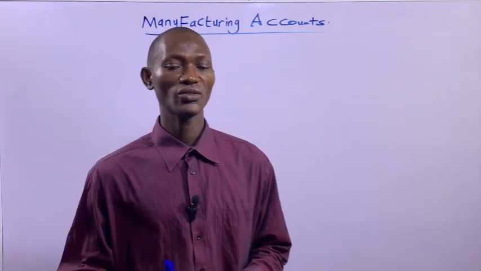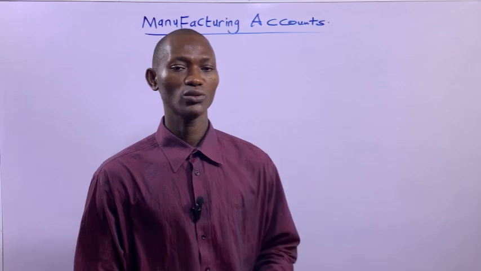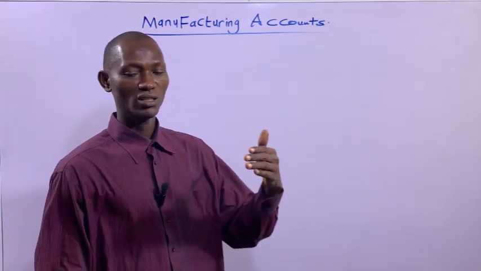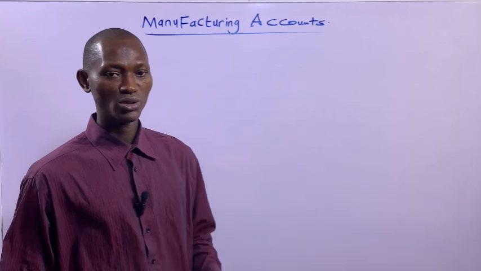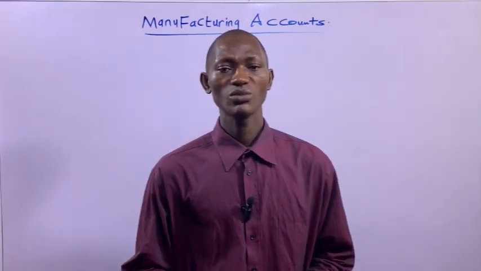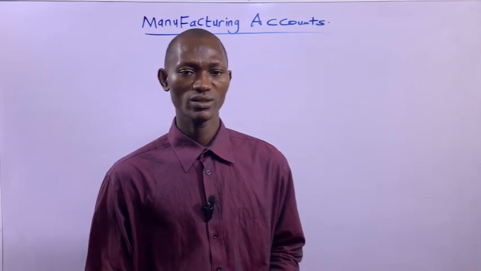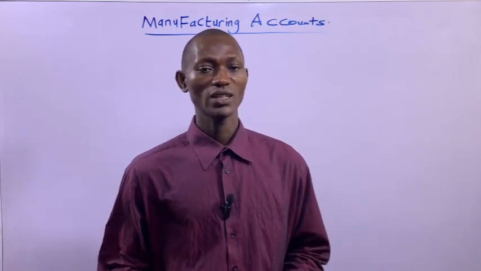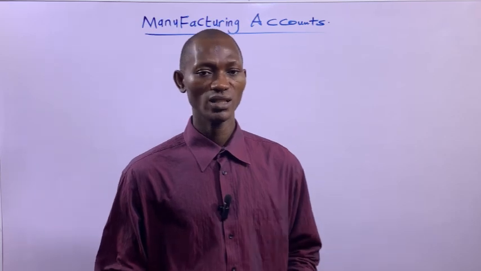It is prepared to determine the cost of production of goods that the company is into its production. So let's talk about some terminologies, some words that are peculiar to manufacturing accounts as a statement.